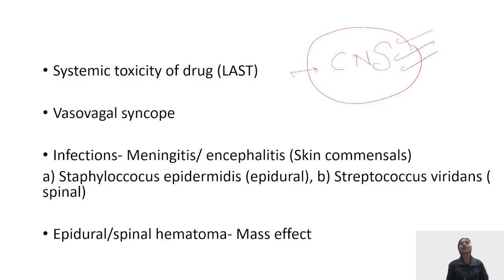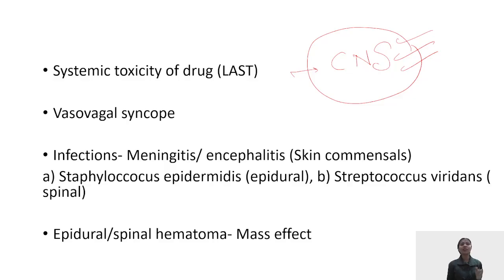And lastly, you have 20% intralipid emulsion, which creates a local anesthetic sink theory. It creates a sink, and your local anesthetic goes via renal circulation out of your body. That is your LAST. I again repeat, the case that comes in LAST will clearly state the neurological symptoms coming, that are your circumoral numbness, your dizziness, and seizure activity.